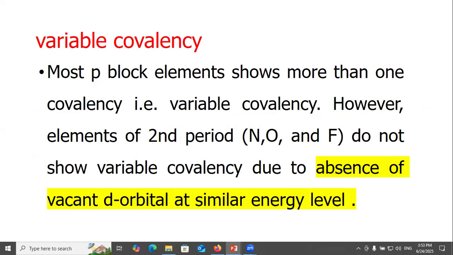Variable covalency. Most p block elements show more than one covalency, that is variable covalency. However, elements of second period, nitrogen, oxygen, and fluorine, do not show variable covalency due to absence of vacant d orbital at similar energy level.